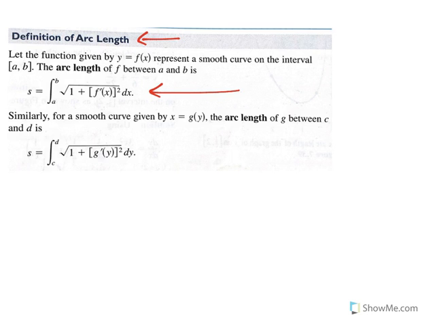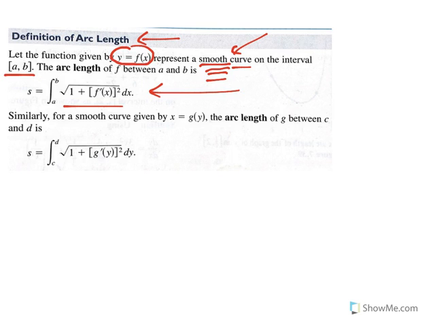It states here, let the function given by y is equal to f of x represent a smooth curve on the interval from x is equal to a to x is equal to b. Why is this necessary? We actually use this in the derivation to come up with our definite integral. It is a condition that we need because it is something that we're using in the derivation to come up with this definite integral. So that's why it's there.